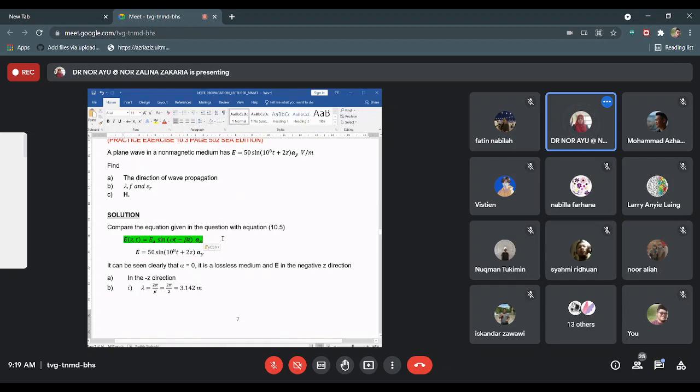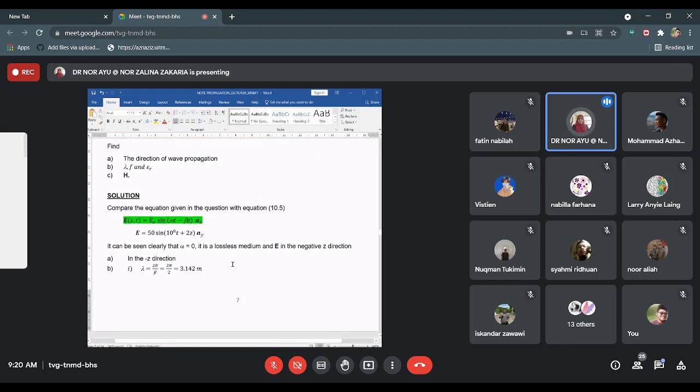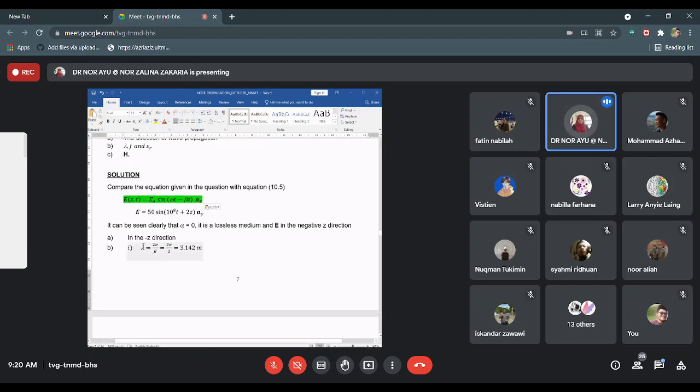Okay, right. The next one you need to find lambda, frequency and also epsilon R. So because of, you know that this is non-magnetic medium, so refer back to your appendix, go into the lossless medium and look into the lossless dielectric. So you can see that what is the equation for your lambda.